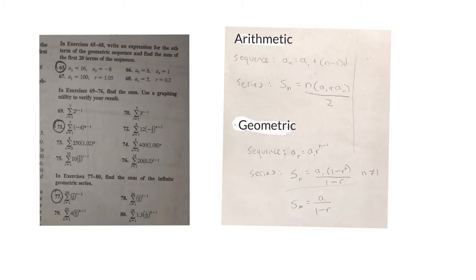Now think about what we have. We have n, the number of terms you're adding together, which is 20. We totally have a sub 1; it's 16. We have r, it's -1/2.